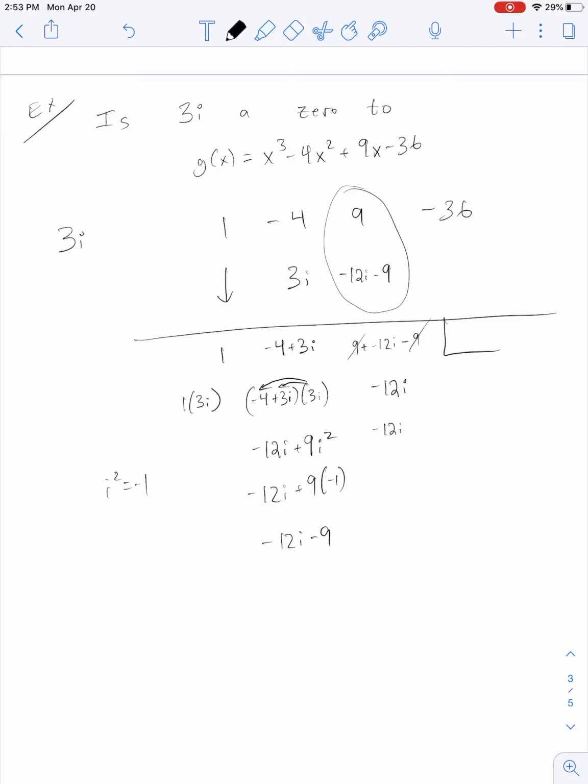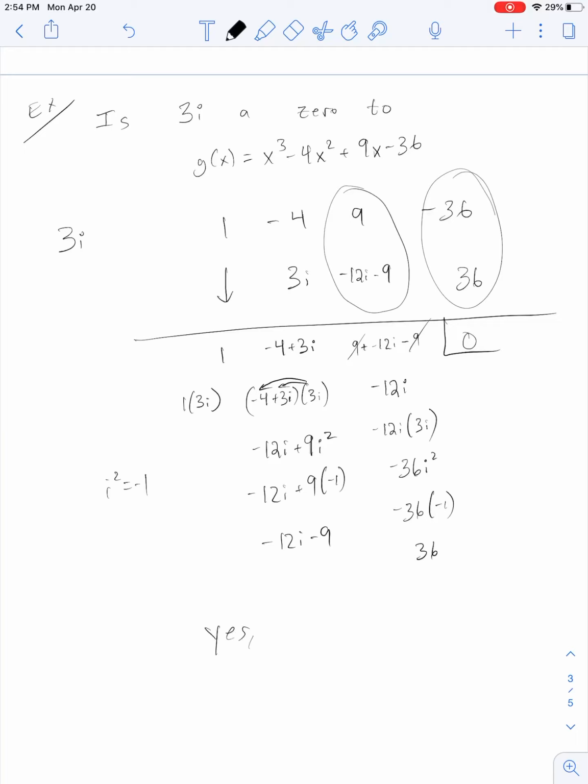Then we multiply negative 12i times a 3i, which gives us a negative 36i squared. All right, and once again, i squared is negative 1. That just gives us 36. That goes up there. We add those and we get 0. All right, so is 3i a 0?